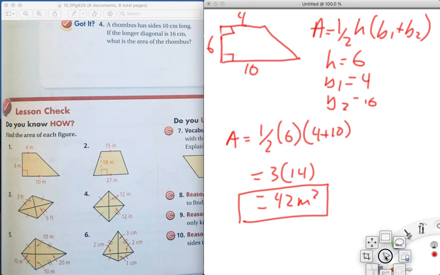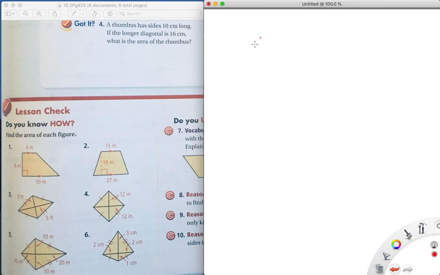Number 2, we have a trapezoid, looks like an isosceles trapezoid. We have this dashed line in the middle. Remember, it's perpendicular to both. They say that it's 18.